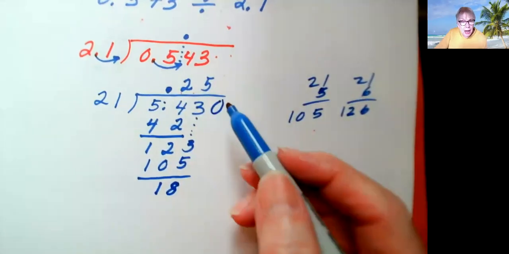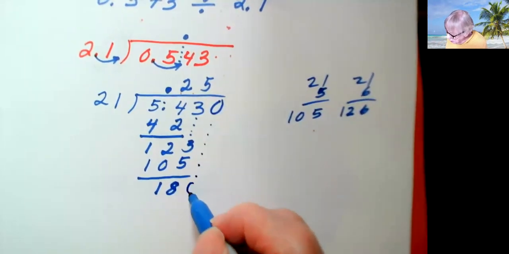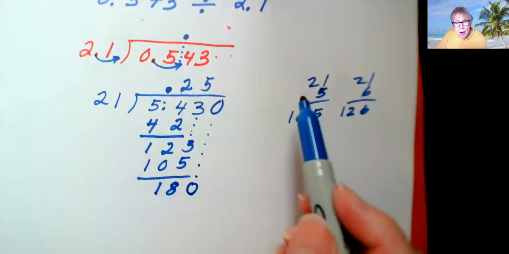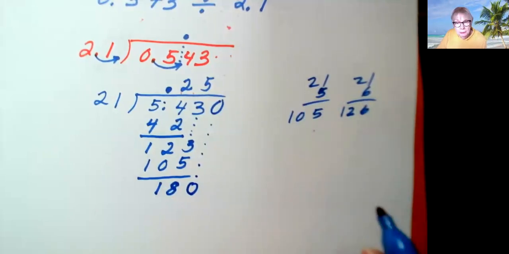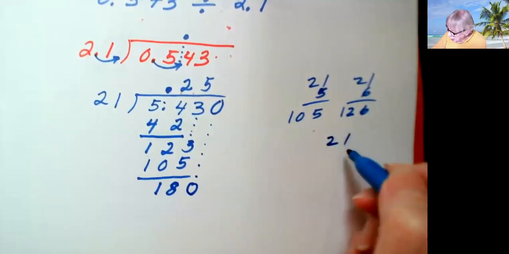So my choice is to add a 0. I'm going to bring this 0 down and I'm going to go one more round. So 21 into 180. Now it's higher than 5 and it's higher than 6. Let's try 8.